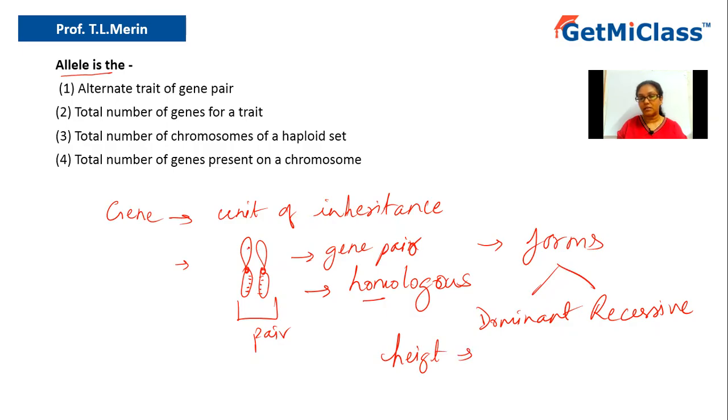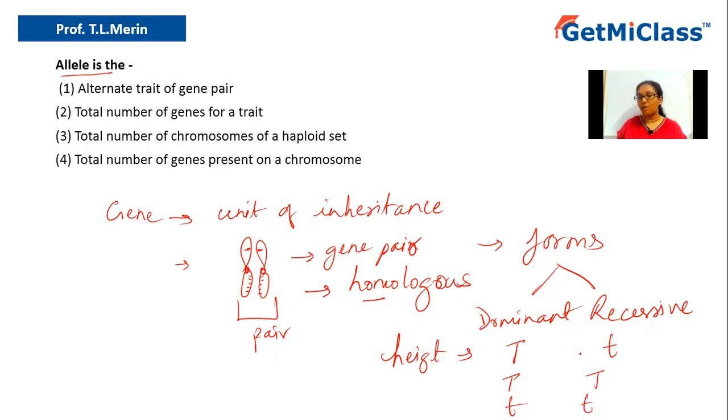So they have one gene for height here, and at the same locus another gene for height here. Because they both code for the same character, we call them different forms of the gene. The gene which codes for height can be dominant, represented as capital T, or it can be recessive. Or on both homologous chromosomes the variants can be the same, both dominant or both recessive.